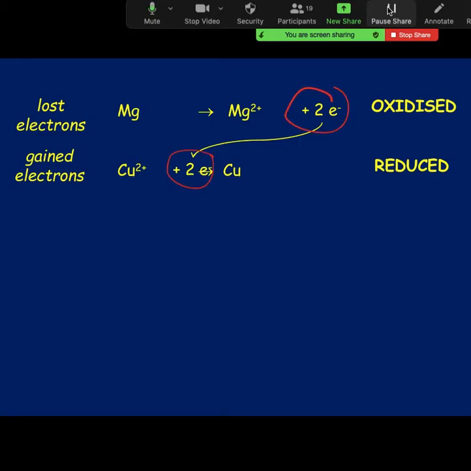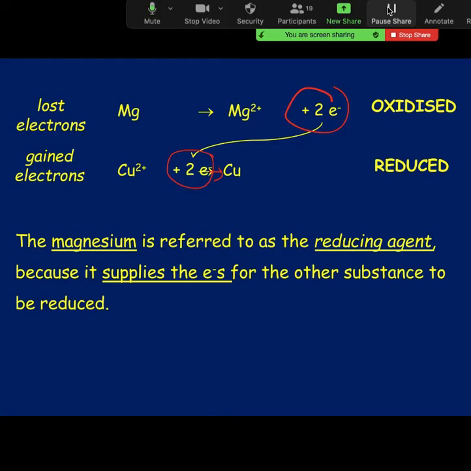So there should be plus 2e and a little arrow to make your copper. So the rule is the magnesium is the reducing agent because it supplies electrons to the other substance, which is going to be reduced. So oxidation is loss, reduction is gain. The reducing agent supplies the electrons for the thing that's to be reduced.